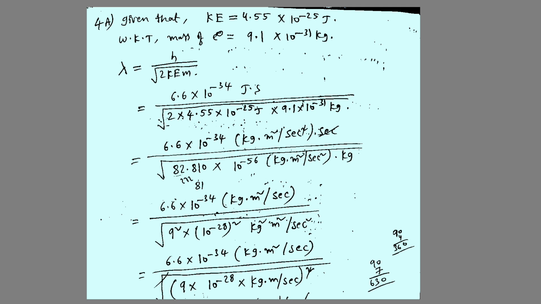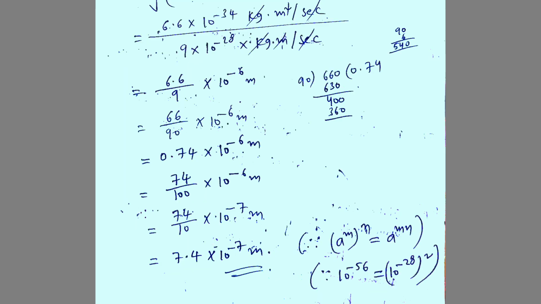Now we substitute all the above values in this formula. Then we get 6.6 into 10 to the power of minus 34 joule second by root over 2 into 4.55 into 10 to the power of minus 25 joules into 9.1 into 10 to the power of minus 31 kg. If you do the calculations, finally we get the answer 7.4 into 10 to the power of minus 7 meters.